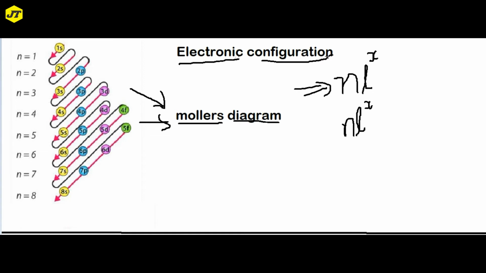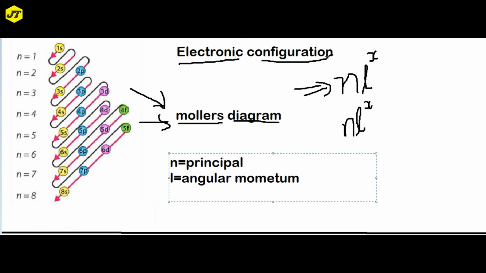So here, n represents the principal quantum number, l represents the angular momentum quantum number, and x represents the number of electrons present in that subshell or orbital.